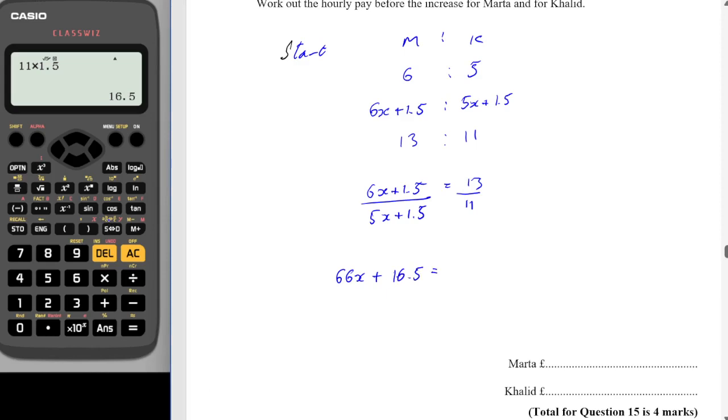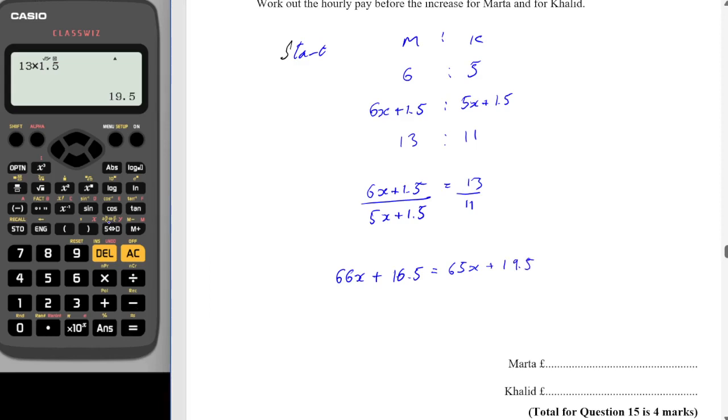That's going to be equal to 65x plus 13 times, well, let's just double check. 13 times 5 is 65, and 13 times 1.5 is going to be 19.5.